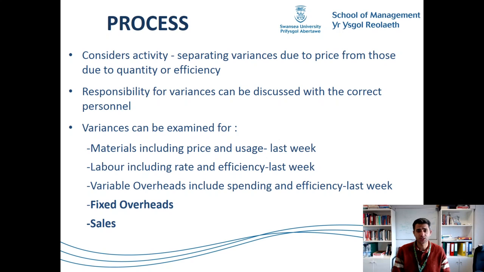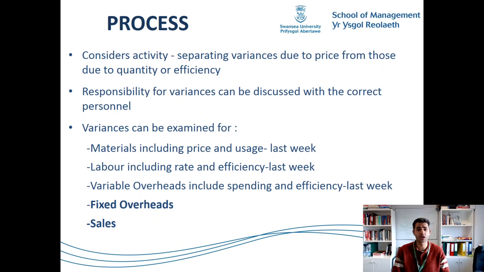As I mentioned, last week we covered material variances, including price variance and usage variance. We did labor variances, including labor rate variance and labor efficiency variance. Also, we looked at the variable overhead, including the variable overhead spending variance and variable overhead efficiency variance.